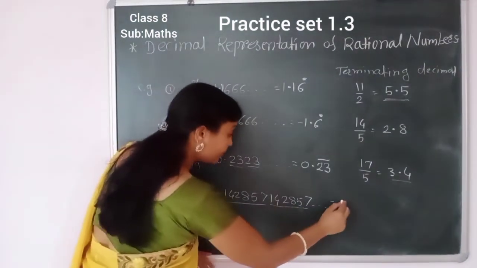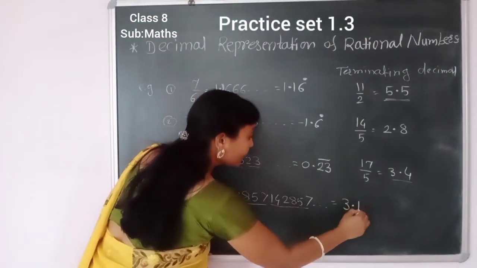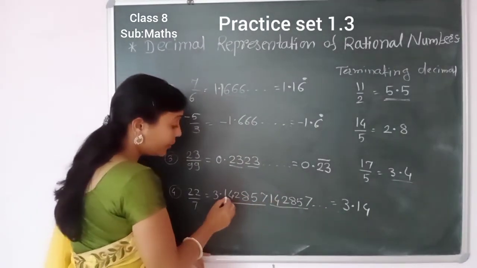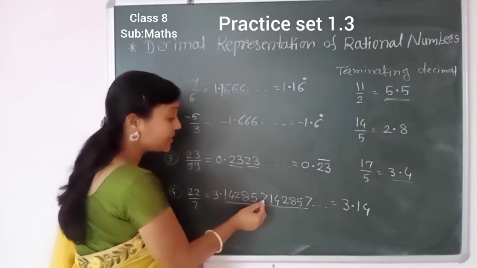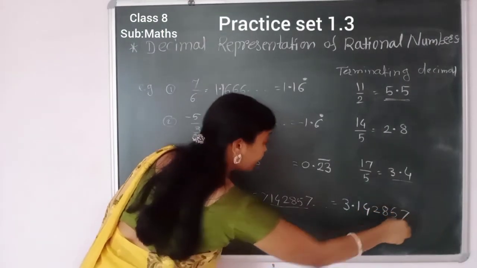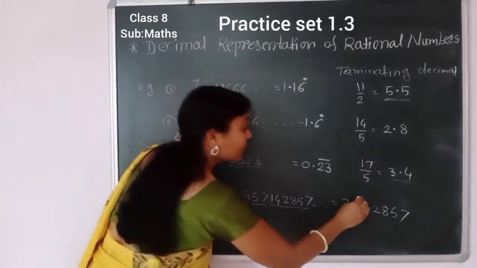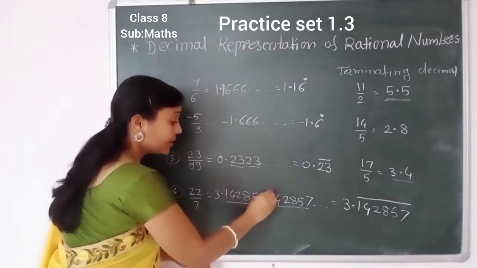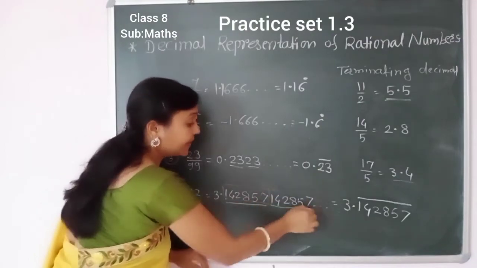So how do we denote it? 3.14, and the digits that repeat are 1, 4, 2, 8, 5, 7, with the bar over these digits, because this whole group is repeated again and again.